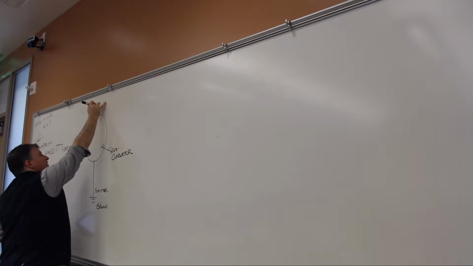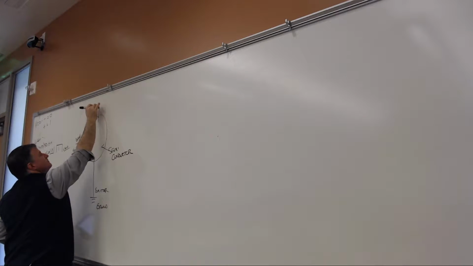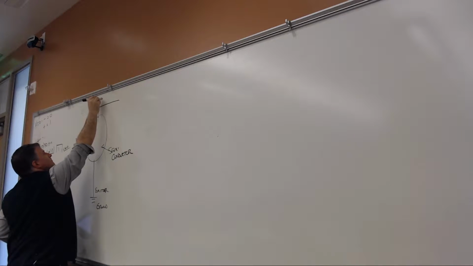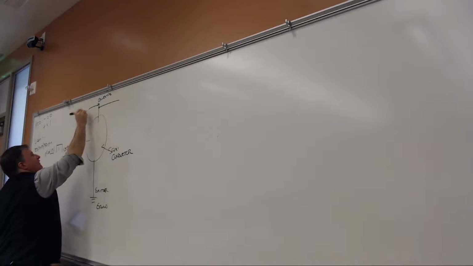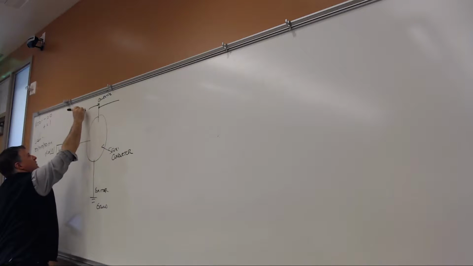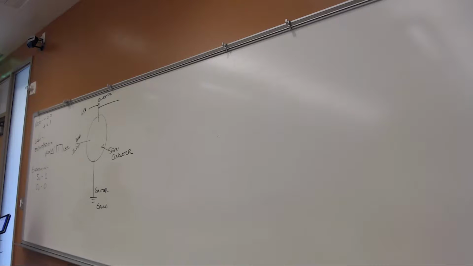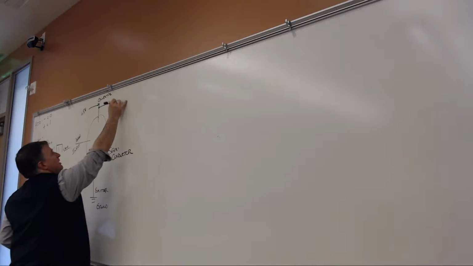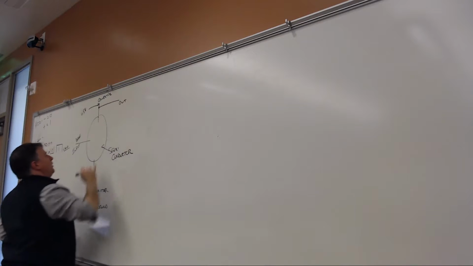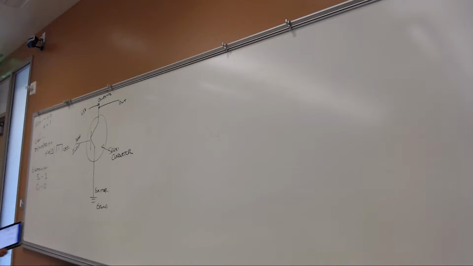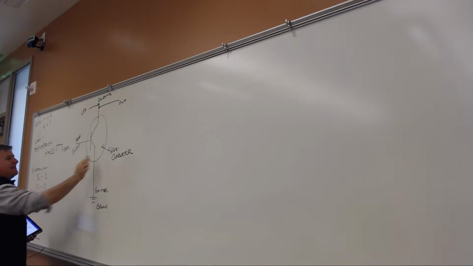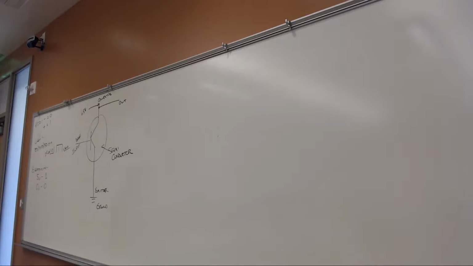Up at the top here, we're going to have the collector. Now, the collector is always going to have plus 5 volts applied to it. And then off that, we can have a little line here, and we're going to call that output. And then inside, if you look at diagrams, our transistor is going to have some different wires that enable this semiconducting property that transistors have.